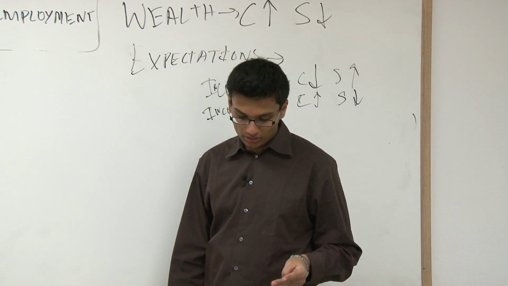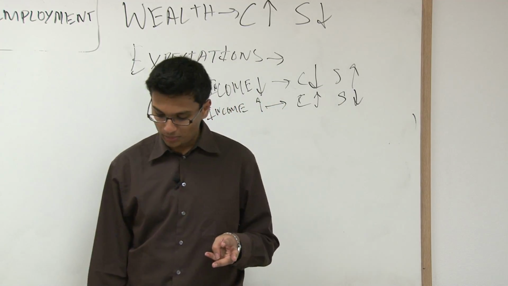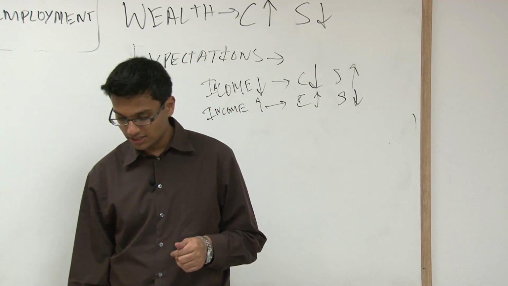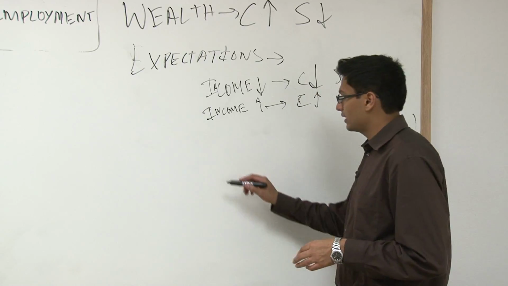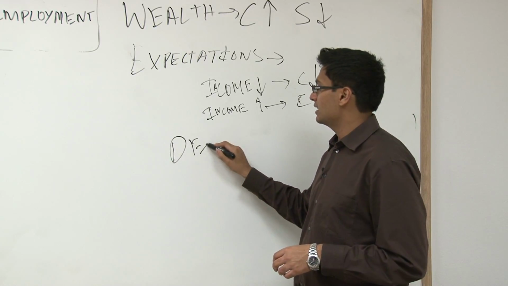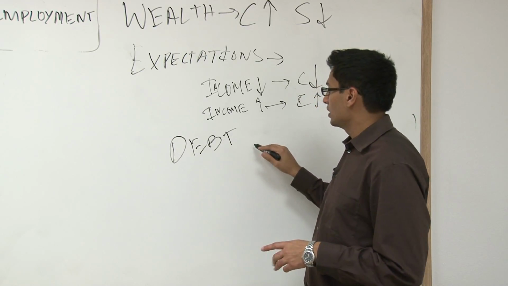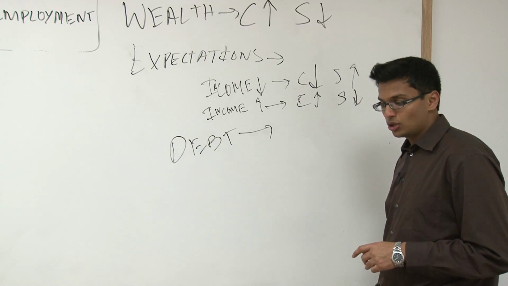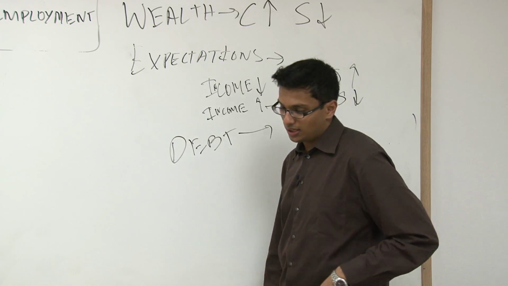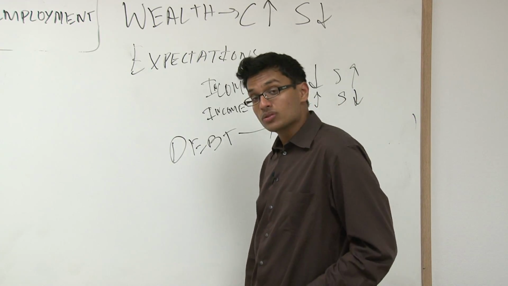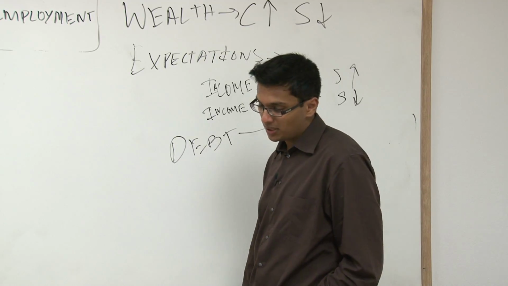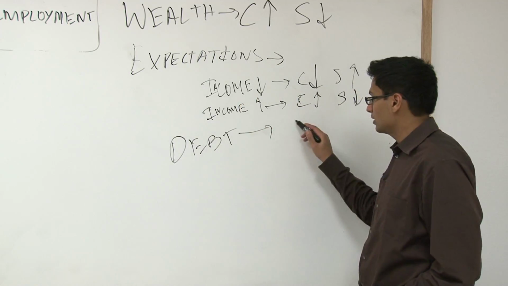Let's talk about our third determinant that affects consumption and saving: household debt. So, how does debt affect it? Well, as your debt goes up, you tend to consume more.